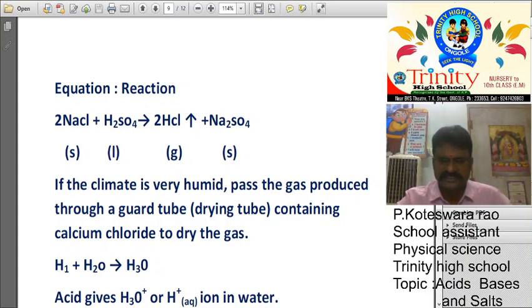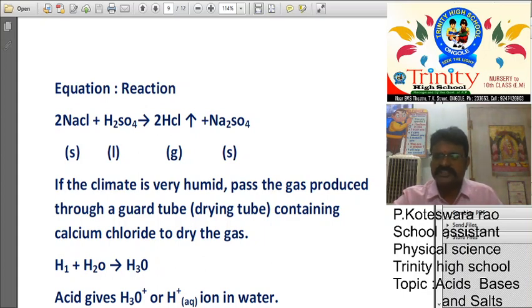So here, which gas is produced? Hydrochloric acid. So is it acid or base? Acid. So acid is coming through that delivery tube. Then we test with dry litmus paper and wet litmus paper. Dry litmus paper does not change into any color, but wet blue litmus paper changes into red color.